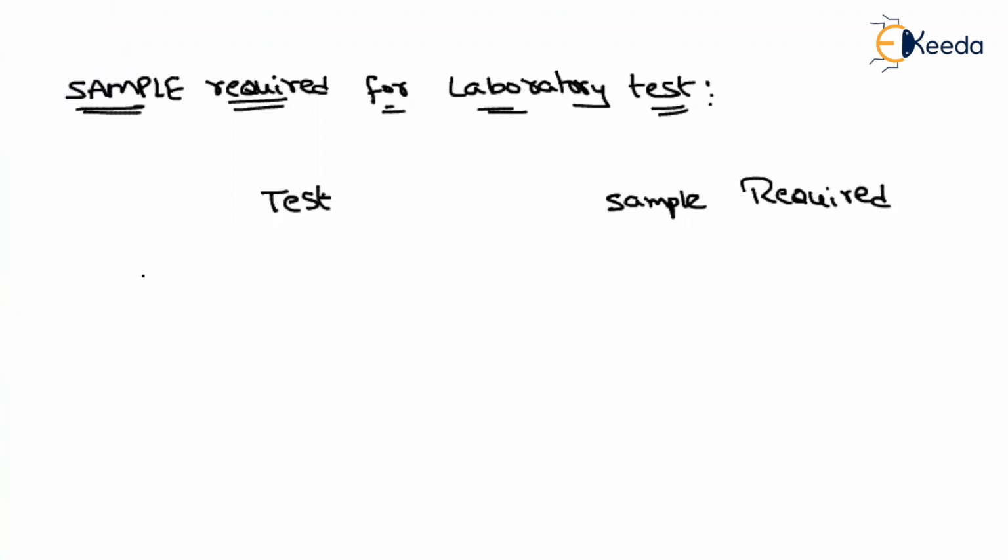Let us say the first one, let us talk about the natural water content. If you want to estimate the water content present in the soil, then here we have to go for the undisturbed sample.